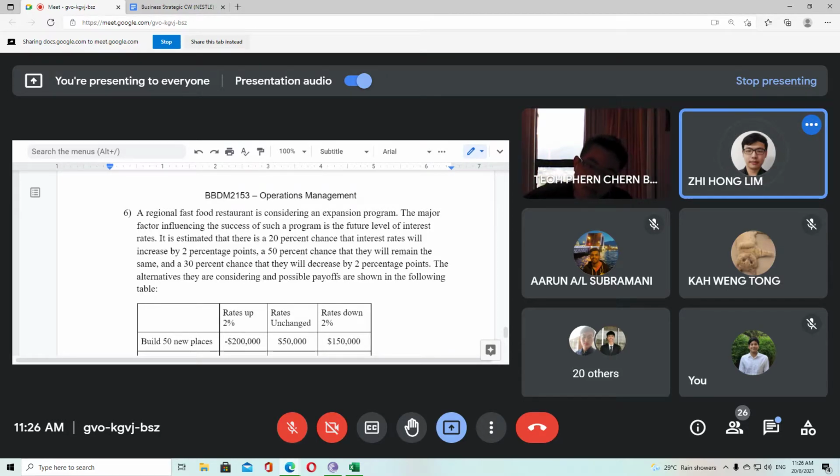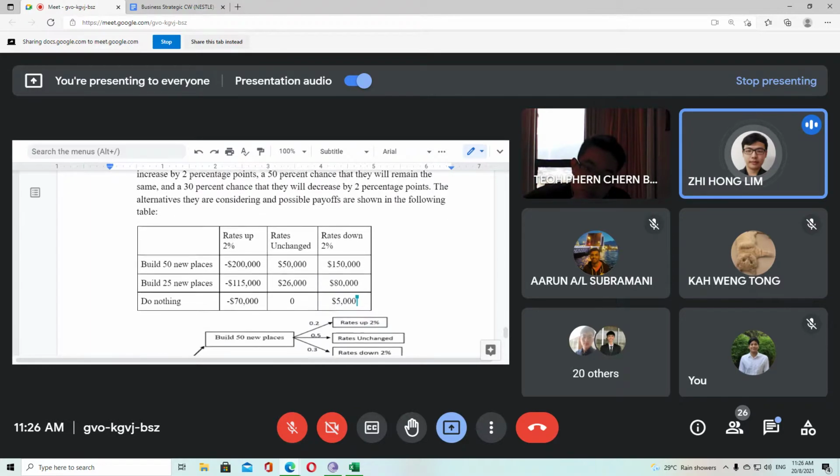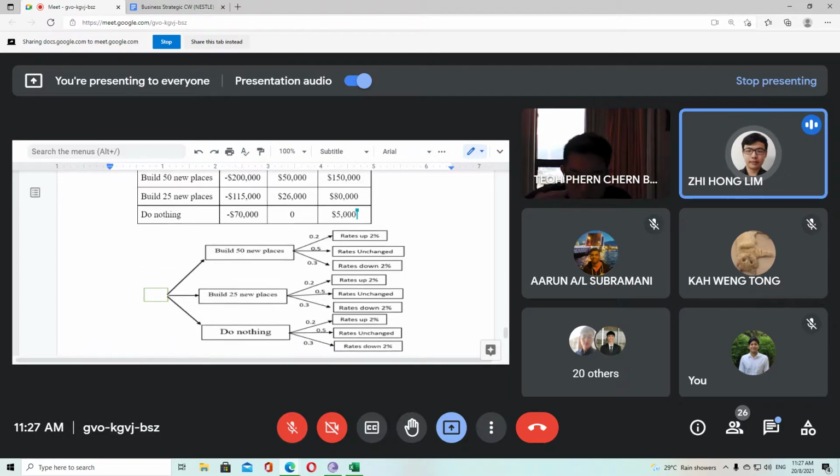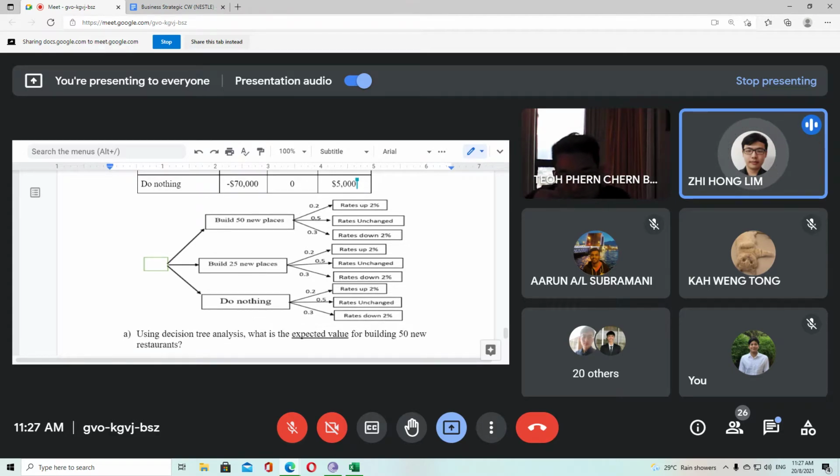So based on the diagram, this diagram is based on the estimated percentages that the rates will remain unchanged, increase 2%, or go down 2%. We can calculate the expected value.